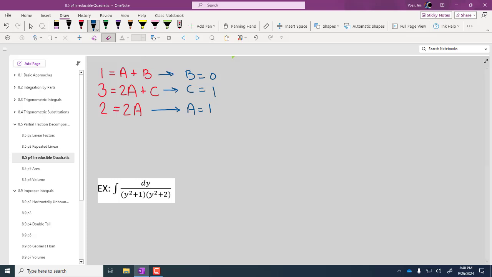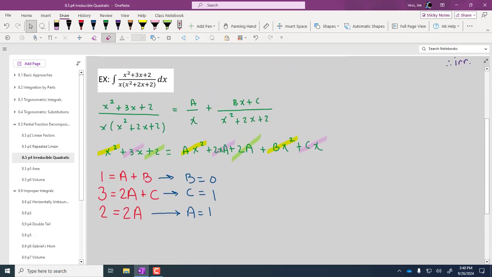Okay, so let's see what that gives us in terms of our integral. Come back up here. We're going to have the integral of a divided by x, so that's 1 divided by x. Oh, good. 0x plus c, so that's 1 over x squared plus 2x plus 2 dx.